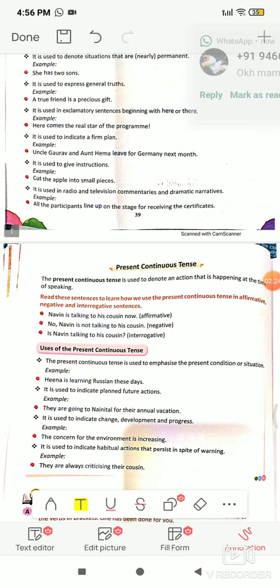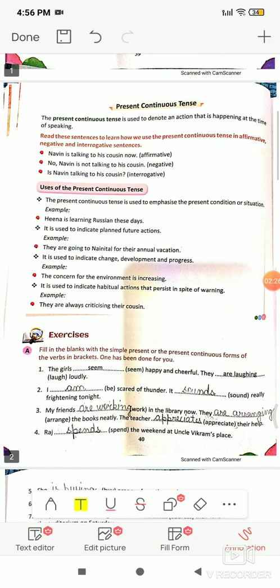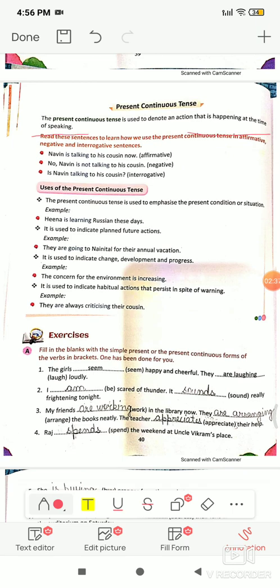Then let's see present continuous tense. What is the identification of present continuous tense? As we all know, continuous means when an action is happening at the time of speaking. Means it is happening at the same time of speaking, right?